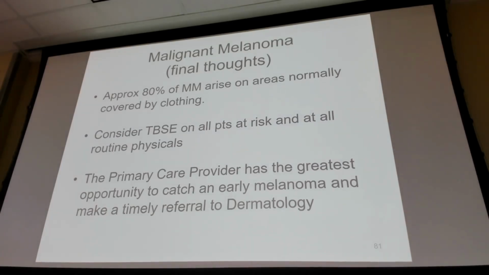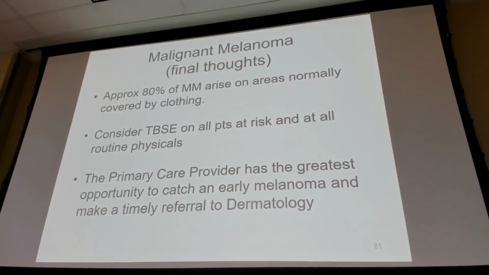Final thoughts. Approximately 80% of melanomas arise on areas normally covered by clothing, okay? So it's not sun-exposed areas. It could be on the upper back that has a shirt. It could be down on the palms or the soles. It can be on those fingers. Consider TBSE on all patients at risk and at all routine physicals.